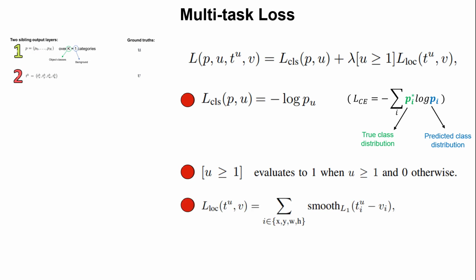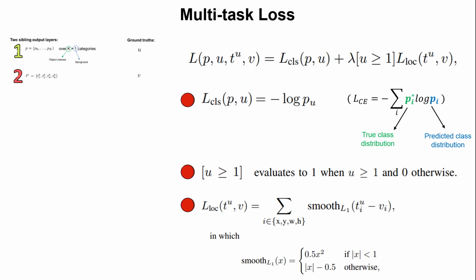And finally, we have our localization loss, which is a smooth L1 loss. What is a smooth L1 loss? It has this formula, and basically when the difference between our prediction and ground truth vector has a magnitude less than 1, then we use some kind of L2 loss, and otherwise we use some sort of L1 loss.